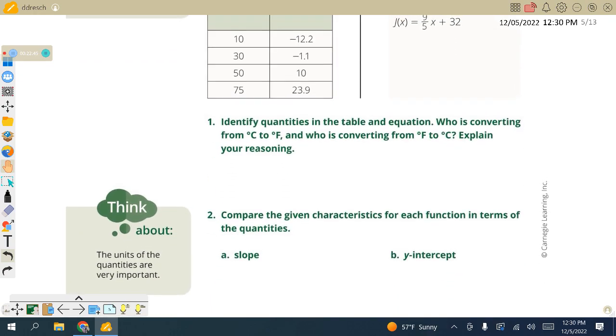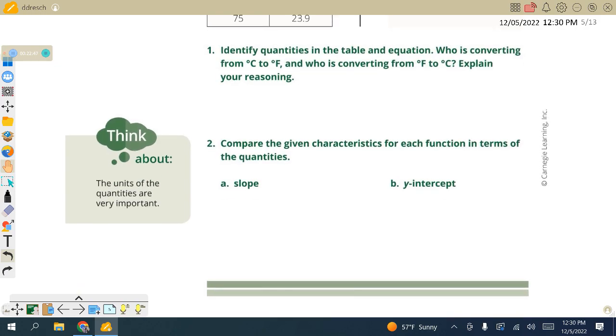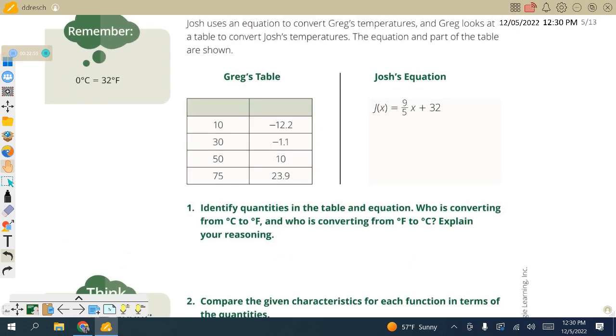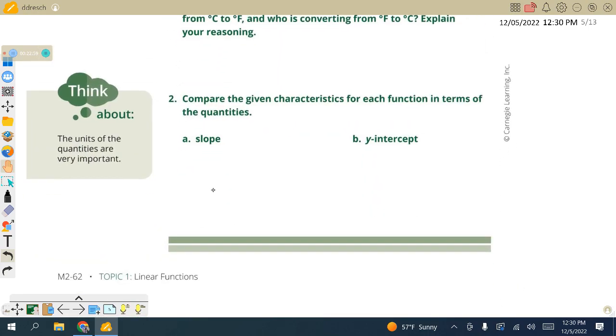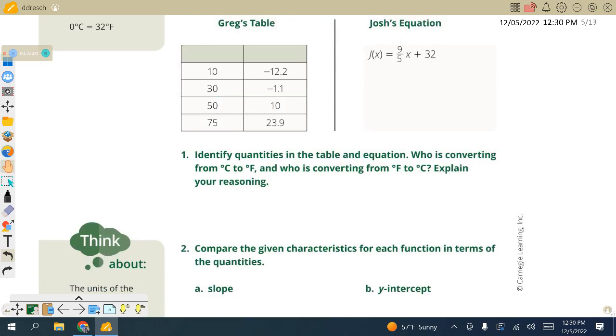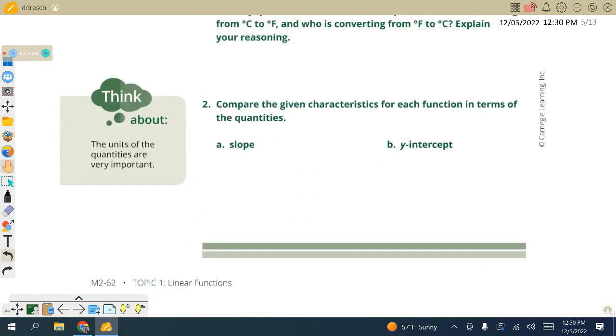What we want to do is, right here, compare the given characteristics for each function in terms of the quantities. So we want to get the slope, compare the 2 slopes, and then we want to get the y-intercept and compare the 2 y-intercepts, okay? So for the slopes, who do we have again here? Greg and Josh.